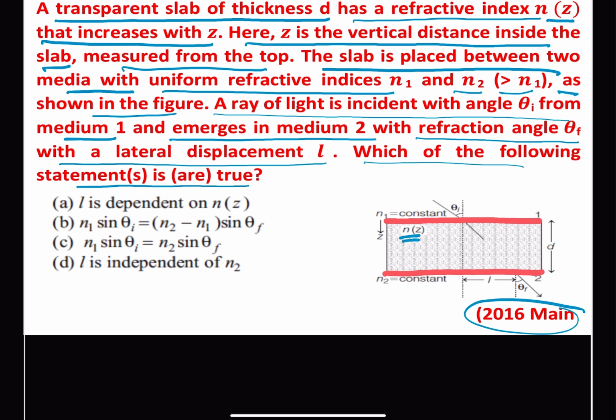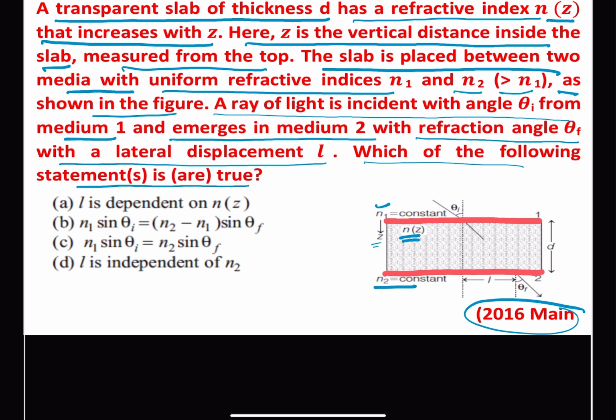So it is a combination of three different materials having three different refractive indexes. Medium 1 has a refractive index n1, which is constant and doesn't vary. Similarly, the same is true for n2. The only variation in the refractive index is that of the transparent slab between 1 and 2, and its variation is along the width of the slab.